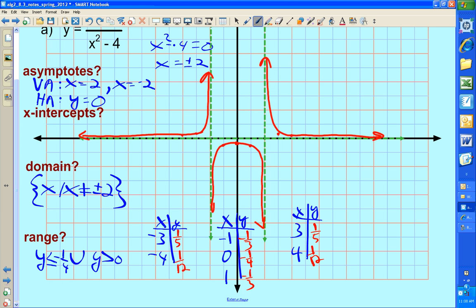In this case, right here, it's actually -1/4. So that's got to be included when we list our range values. So all values of y such that y is less than or equal to -1/4, union y is greater than 0.